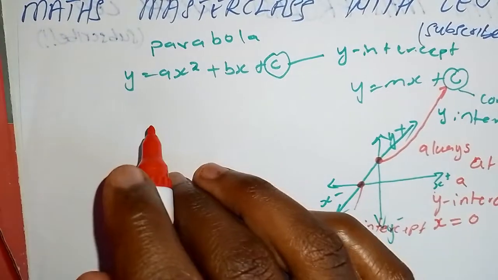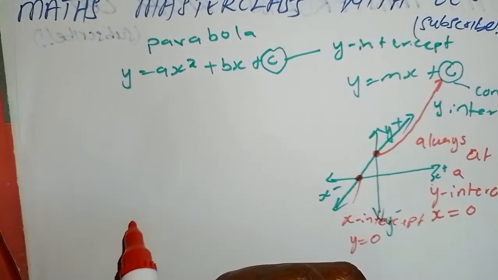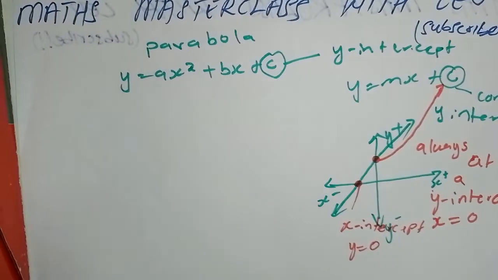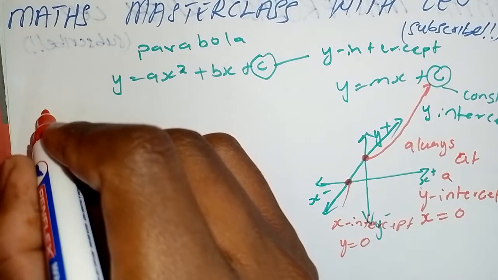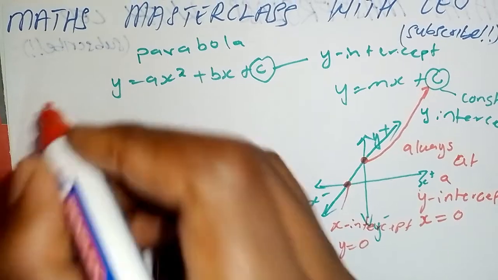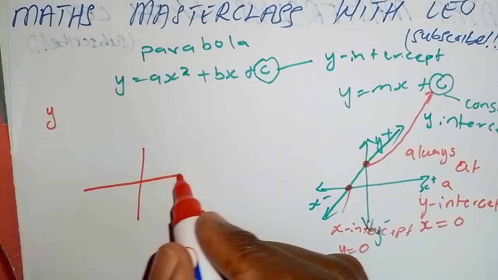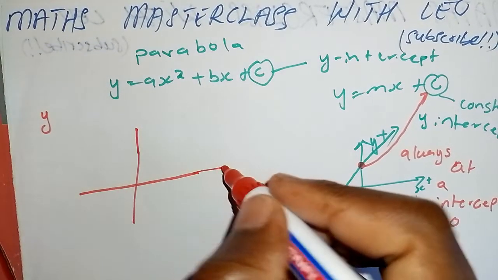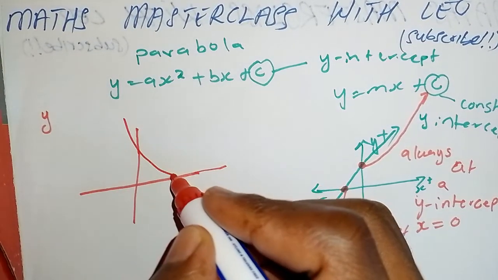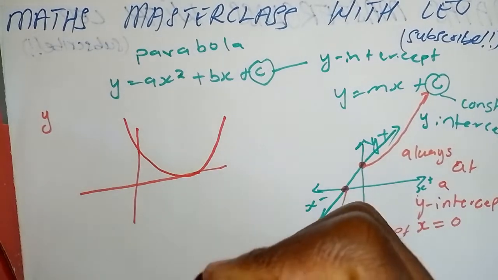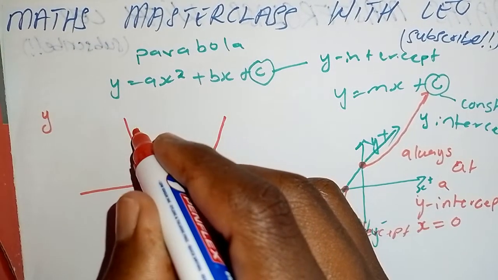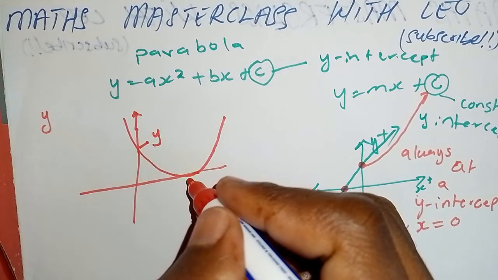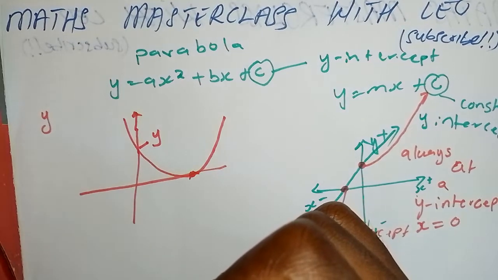Let's continue. This is the general equation for the parabola. Then you have a parabola shaped something like this, and you have the y-intercept, and this is the turning point.